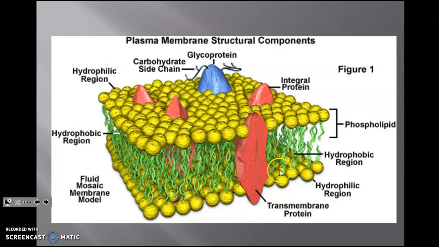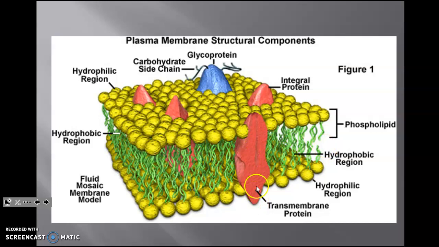So here's an example of it. These yellow dots here, that is the phosphate of the phospholipid, and that's the hydrophilic part. And then you have in here, these are the tails, or the fatty acids that come off of that phospholipid, and those create this hydrophobic environment here.